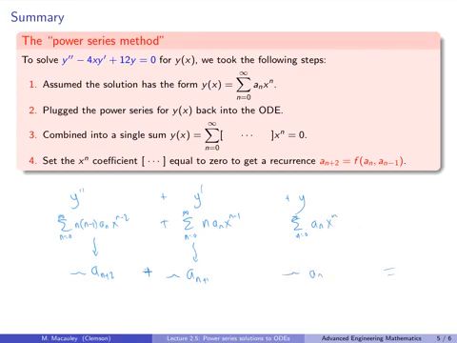So if we had this ODE, y double prime plus y prime plus y, with some coefficients in front, we would have a_{n+2}, a_n, and also a_{n+1}. So our recurrence would be a little bit more complicated.